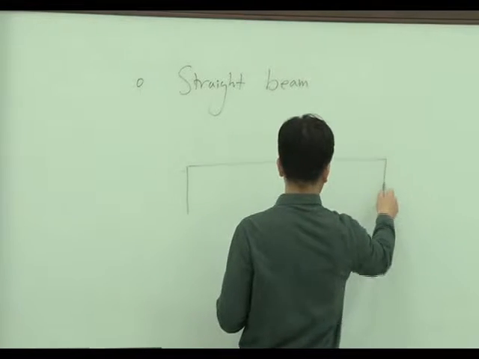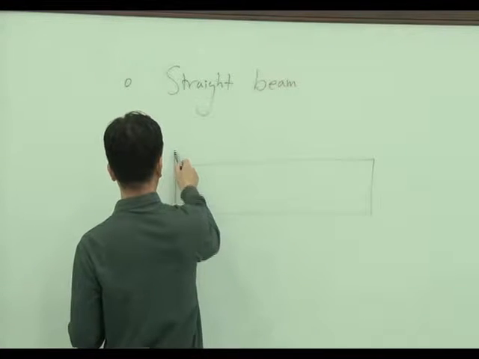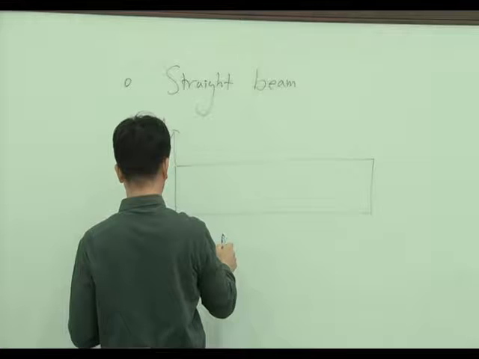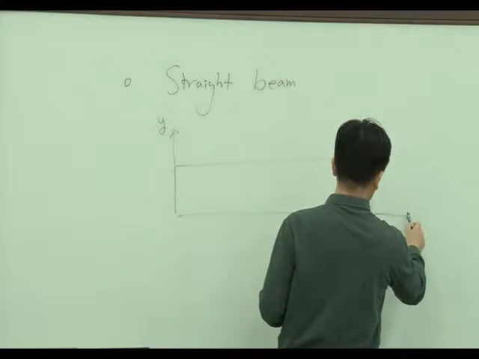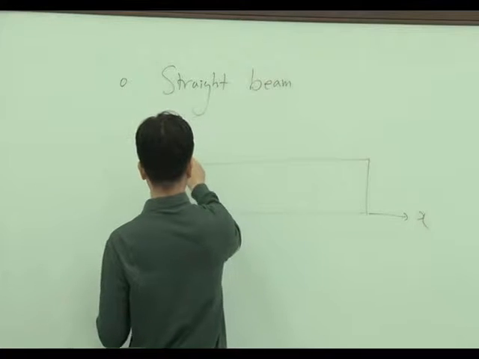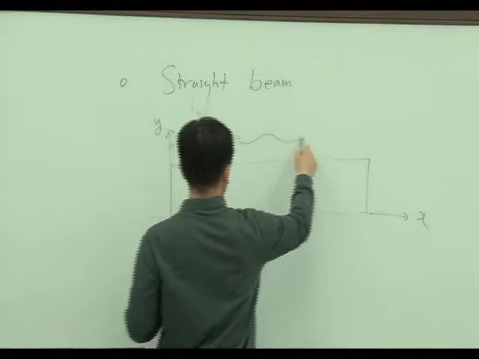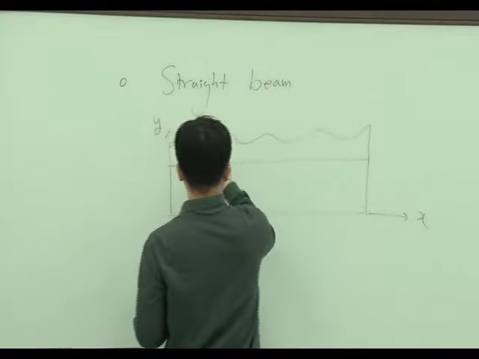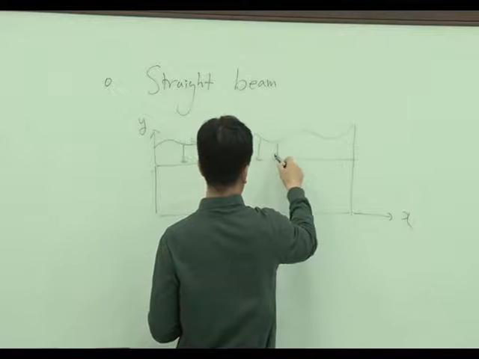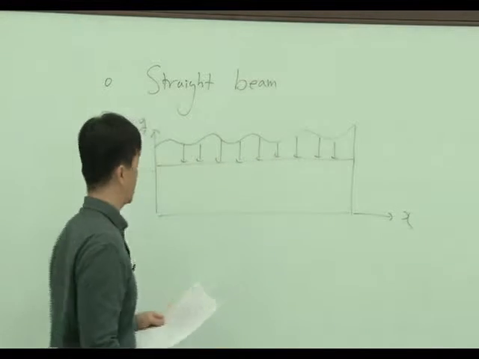consider a beam. This is a beam, okay, and let's say this is the y-axis, and this is the x-axis, and this beam has some transverse loading, which is distributed, okay, something like that.